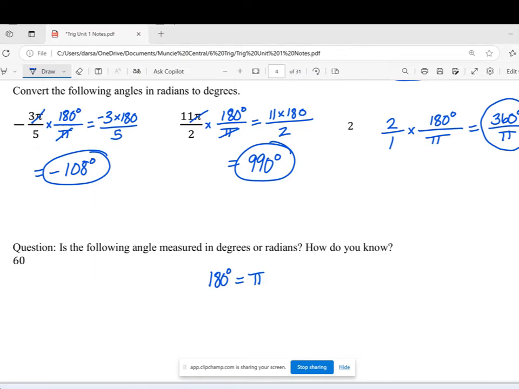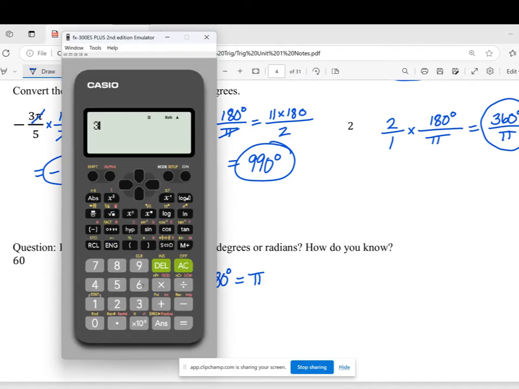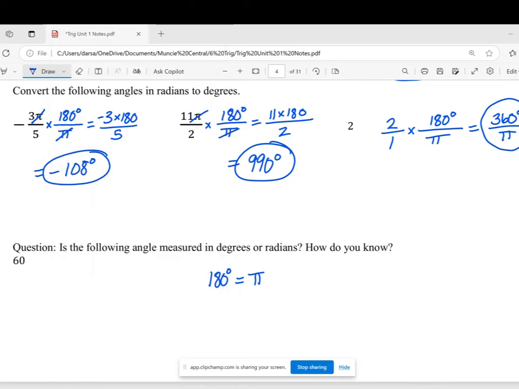We could also put this into our calculators and figure out what this is in terms of a decimal. So 360 degrees divided by pi is 114.59 degrees. So we could also write it as a decimal worth of degrees. Either answer is correct.